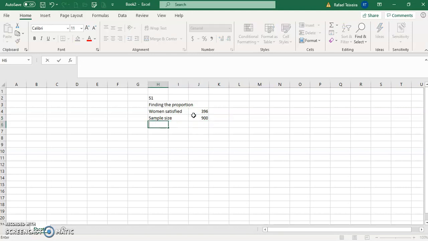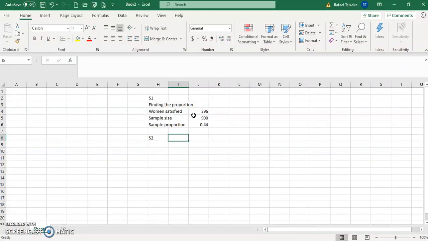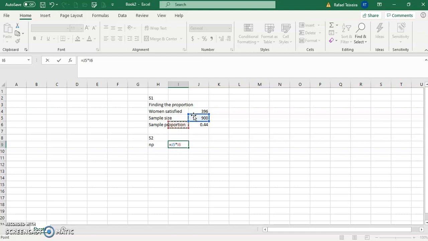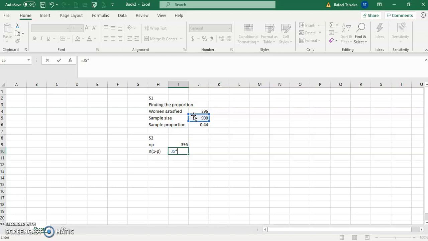So the sample proportion is equal to 396 divided by 900. Okay, that's the first step. Step number 2, check the conditions. So n multiplied by p is equal to n multiplied by p. And n multiplied by 1 minus p is equal to n multiplied by open parentheses 1 minus p.